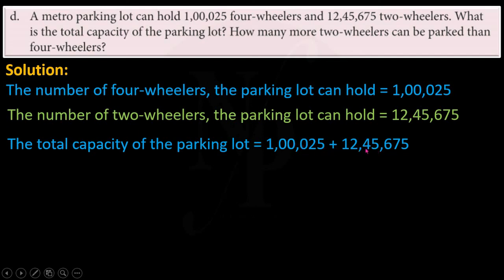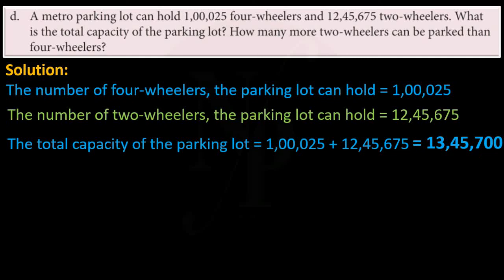Addition of two numbers is much familiar. You can fluently add these two numbers, I hope. So please add in your textbook and find the sum. I will give the answer. On adding these two numbers, you will get 13,45,700. What is this number?